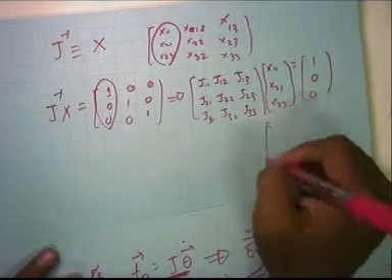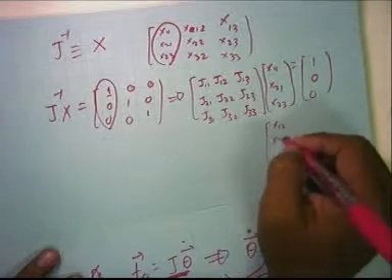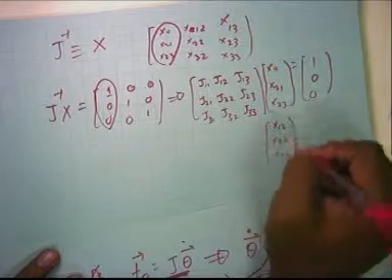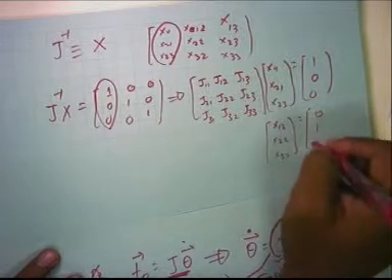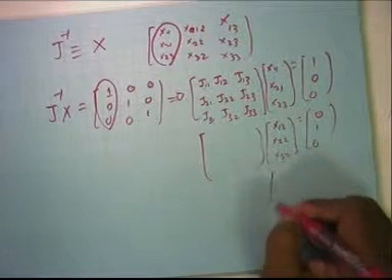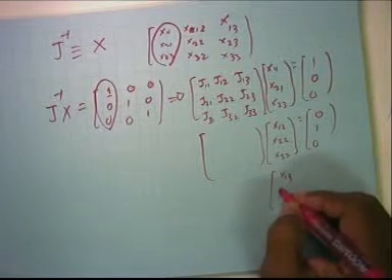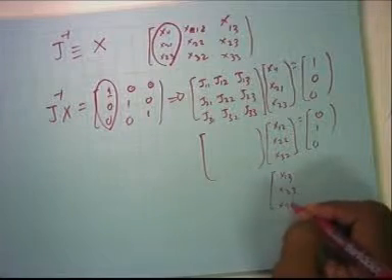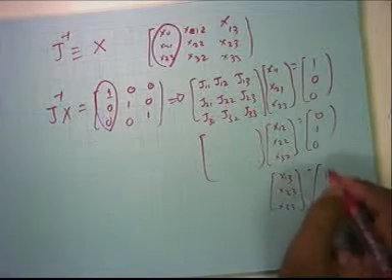If you multiply this with x 1 2, x 2 2 and x 3 2, you will get 0 1 0. And similarly x 1 3, x 2 3, x 3 3 will be 0 0 1.